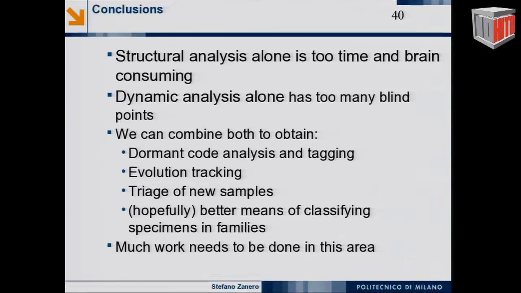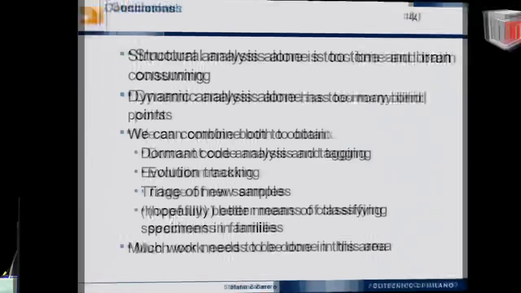Structural analysis alone is too time and brain consuming for people to do across all of the malware samples that we have. Dynamic analysis alone can be automated, but it misses many points.